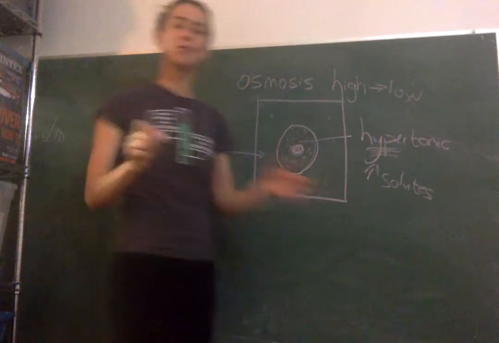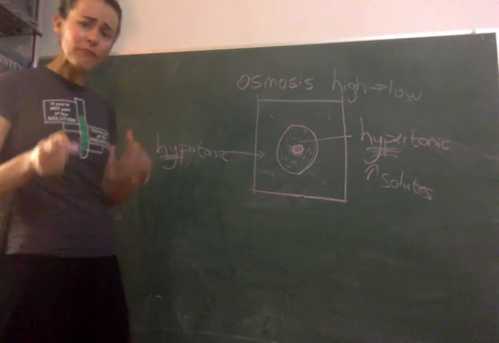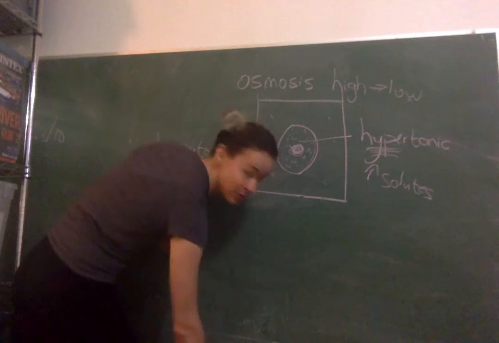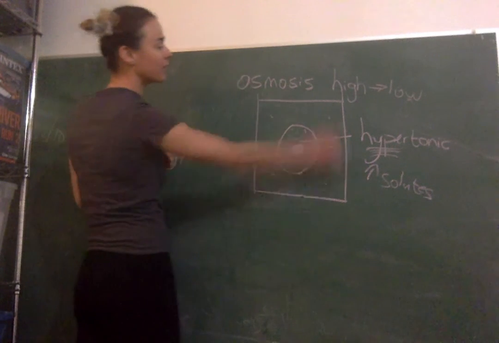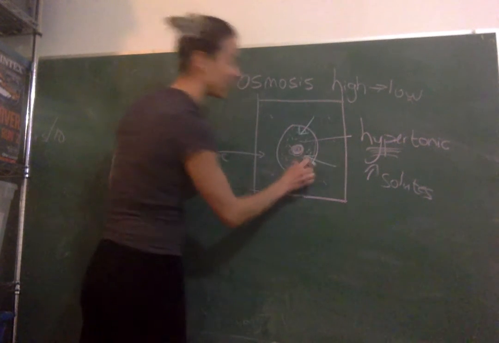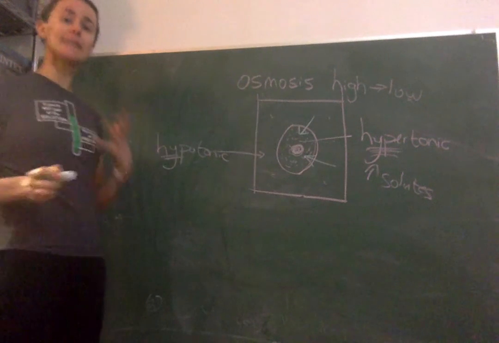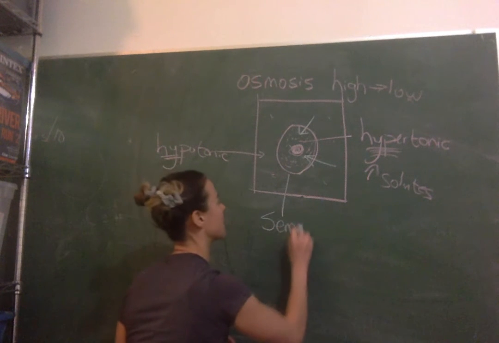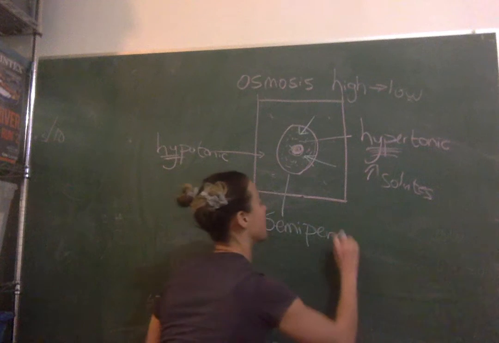And the reason why is it wants to make an equilibrium. So what happens is water, we'll use blue for water, the water from the solution starts to go through the egg membrane. Now the reason why it's able to go in is because the membrane is called semi-permeable.